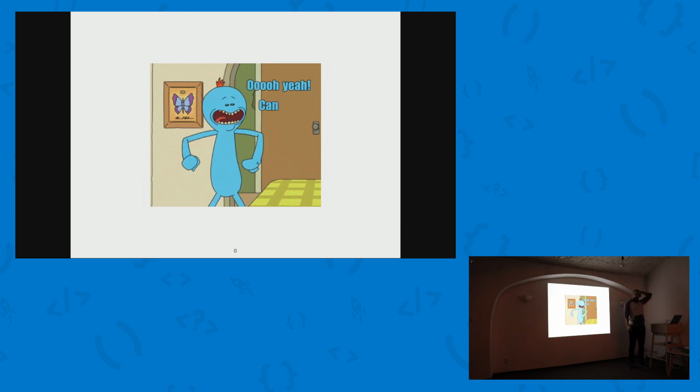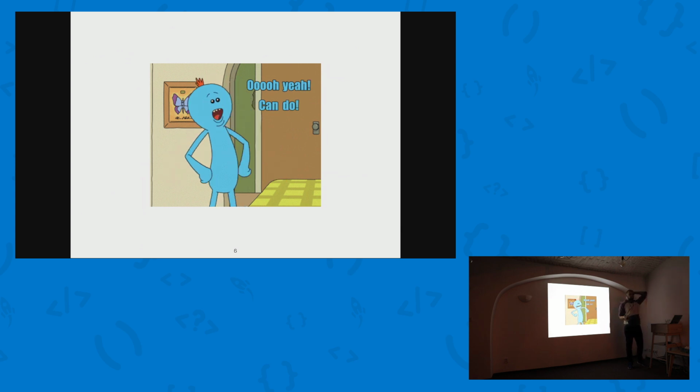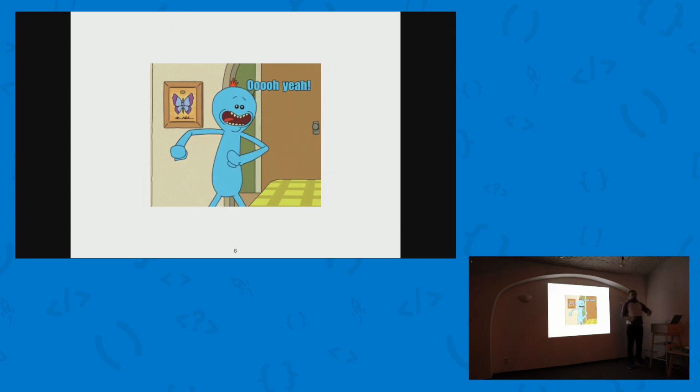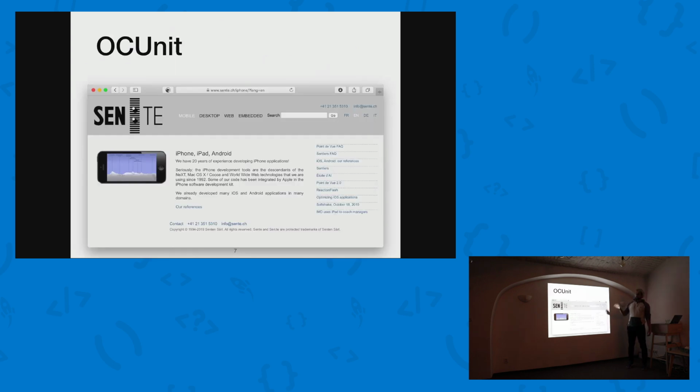One note: this will be about XCTest, which comes with Xcode, not the open source one on GitHub. They have a big difference under the hood; the Swift version doesn't use the Objective-C runtime, so there's no big magic there. So, OCUnit. Is there anyone here, a dinosaur, who remembers what OCUnit is? No one? Even I don't remember.